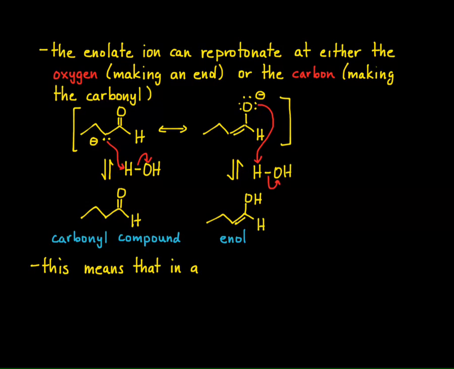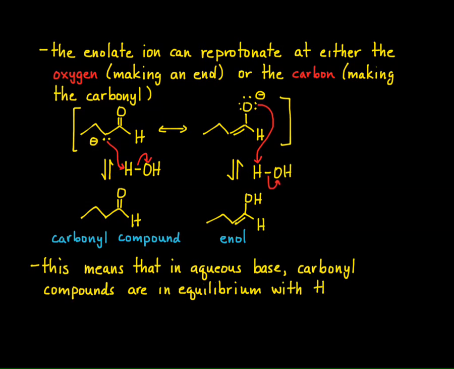So this means that in aqueous base, carbonyl compounds are in equilibrium with their enol forms. And therefore, we can show an equilibrium between the carbonyl compound and the enol. So keep in mind, in aqueous basic conditions, I have an equilibrium that exists between the carbonyl compound and its enol.